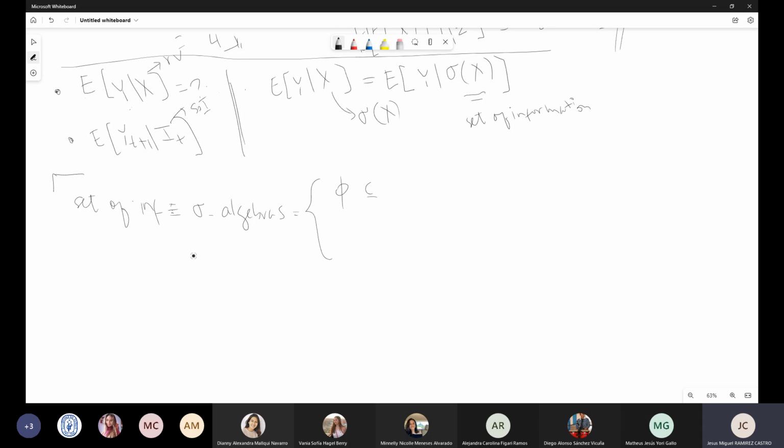El vacío está incluido. Si A está incluido, entonces el complemento de A está incluido.